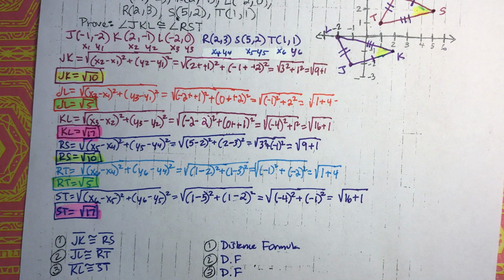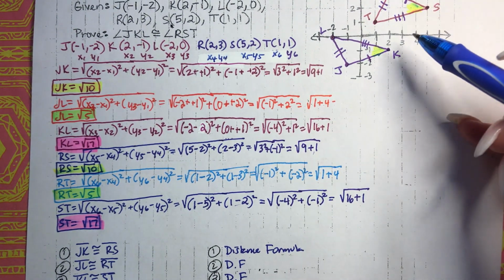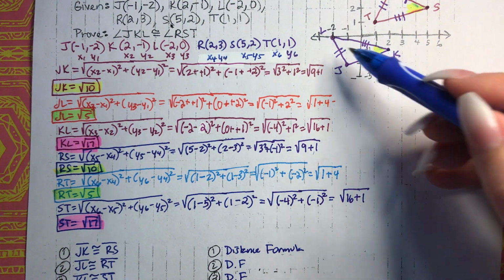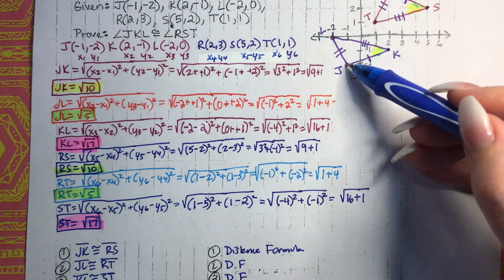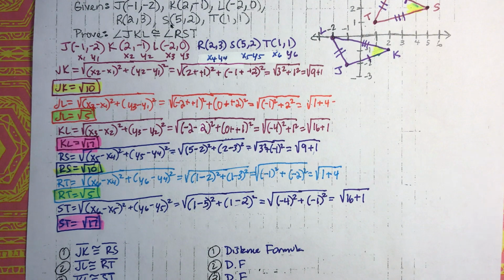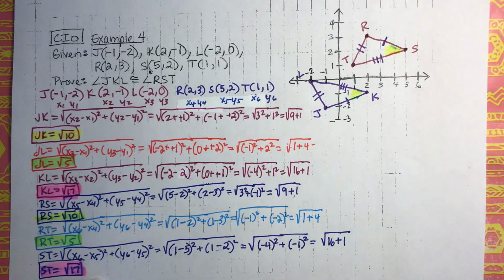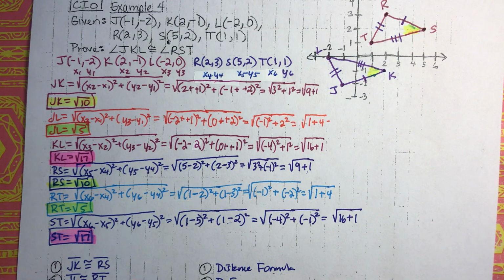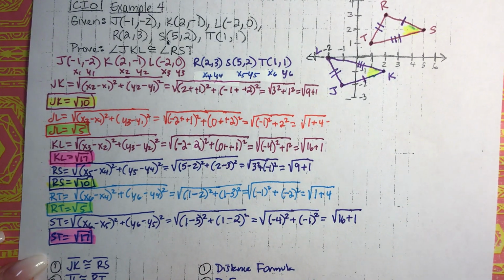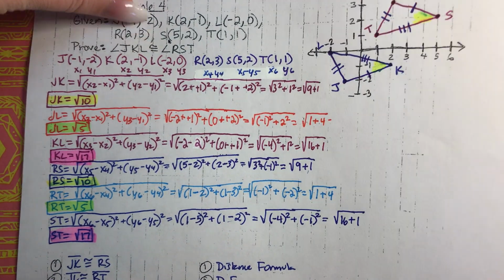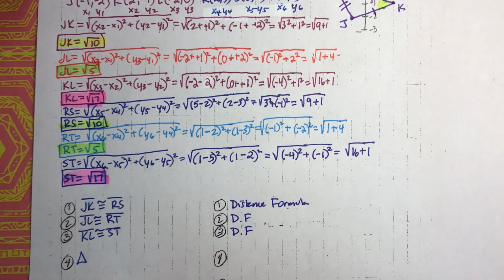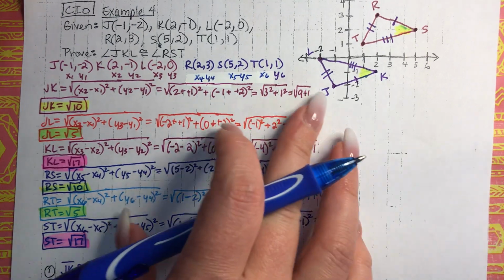Perfect. So now we can say that the triangles are congruent because it's side, side, side. We want to make sure that we are putting it in the right order. So I'm going to start here with J. It's between a 1 and a 2. So I'm going to say triangle. Oh, can you see it? I hope it's all in one frame. So triangle. Can you see that? Oh, you can't really see it. I'm going to have to go back and forth. Okay, so I'm going to say triangle. I'm going to go between the 1 and the 2.